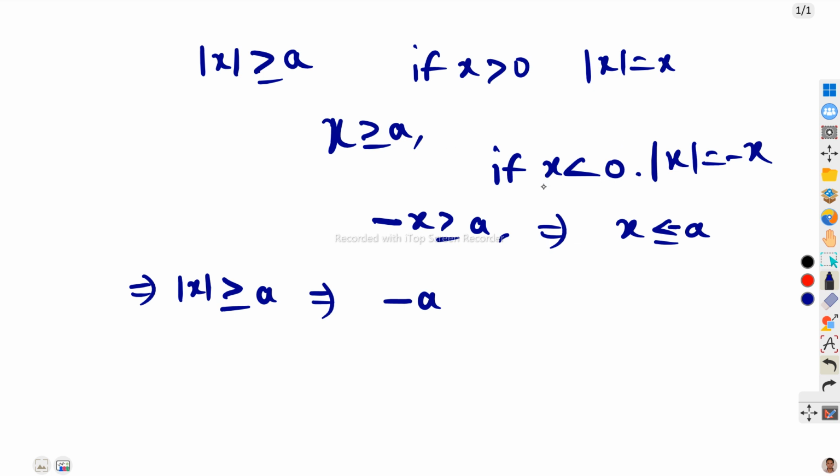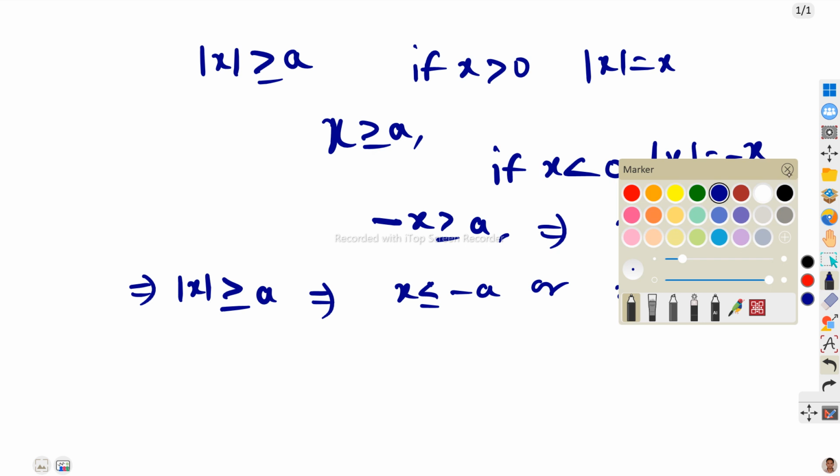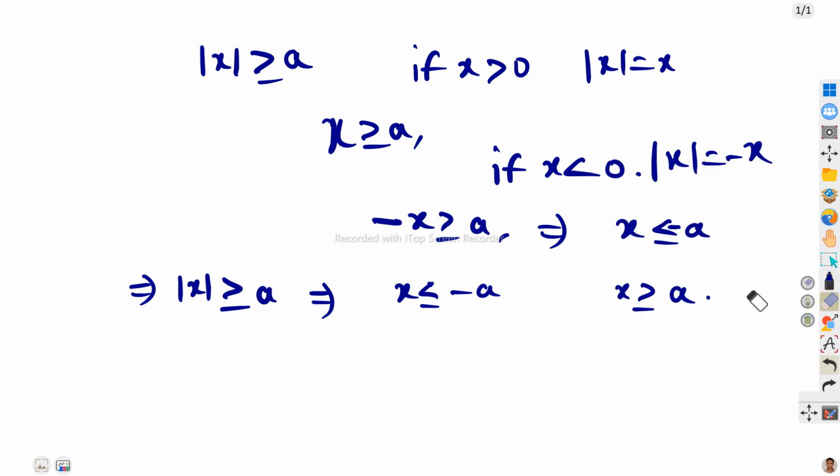Combining these inequalities, we get that x is less than −a or x is greater than a. The same holds for |x| greater than or equal to a, and these are equivalent.